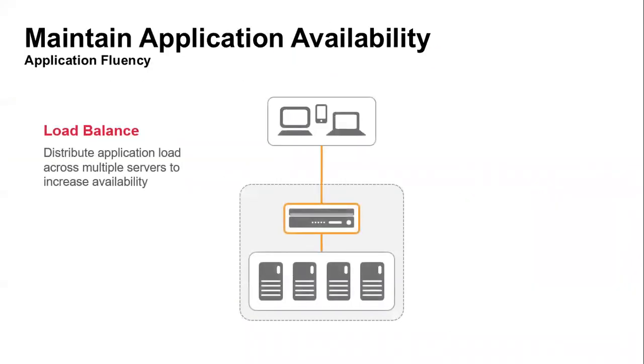So, maintain application availability. The basic thing F5 offers is availability of application services in an environment or in the company. In terms of load balancing, today's network and demands for application services require that there should be a form of availability.